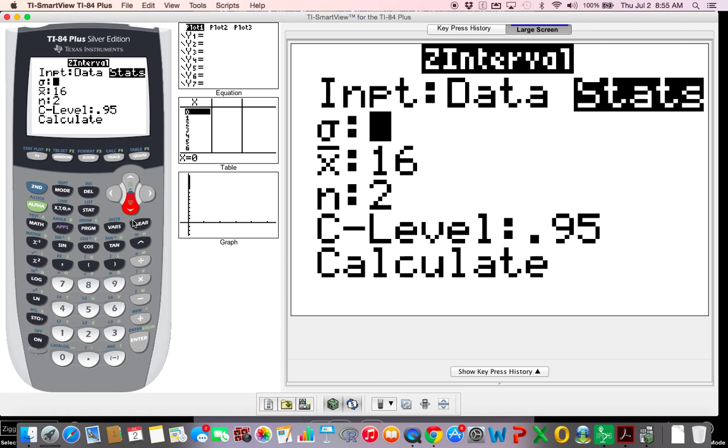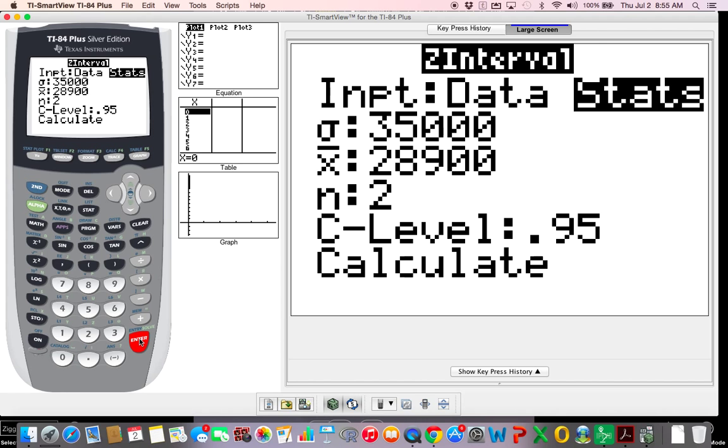The population standard deviation is 35,000. The sample mean for these 1,280 students was 28,900. Sample size is 1,280. And we want to estimate with 93% confidence.